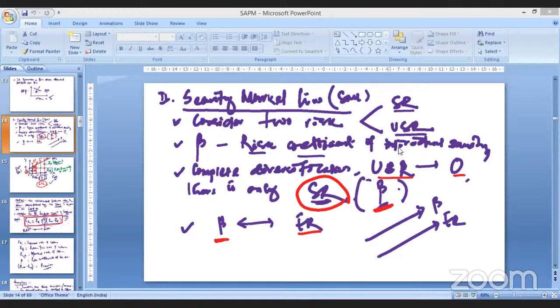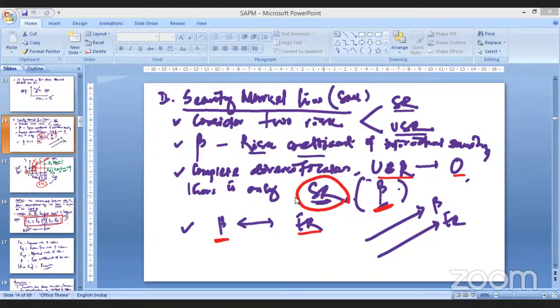Beta means what? Risk coefficient of individual security. Suppose you are holding 4 securities in your portfolio: security A, security B, security C, security D. So A is having some risk. There are some risks associated with A, associated with B, C, and D. So the risks associated with individual securities are known as beta. So beta is the risk of individual security.